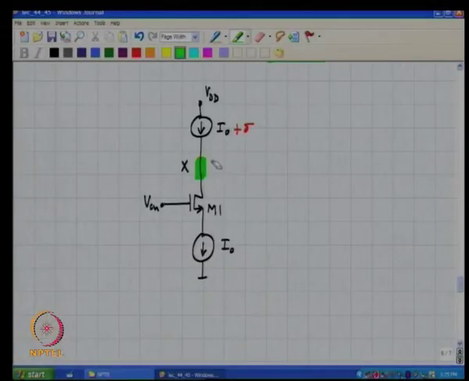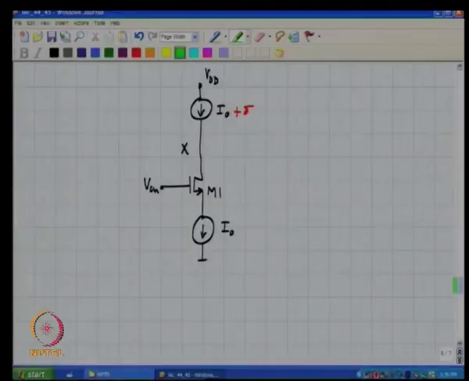Okay. Since the problem is therefore that we are not able to set the potential of x to a stable value, because these two current sources are independent.